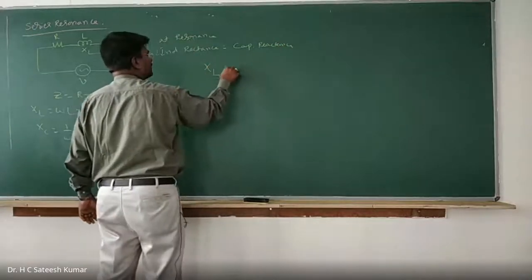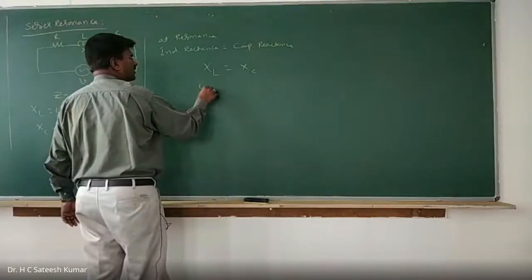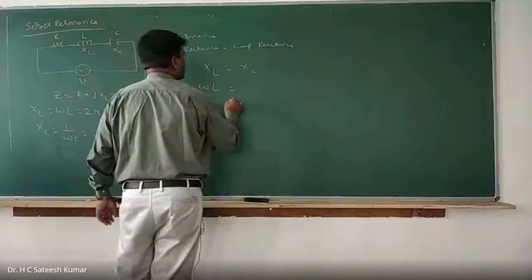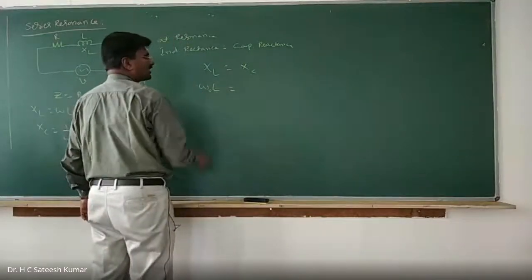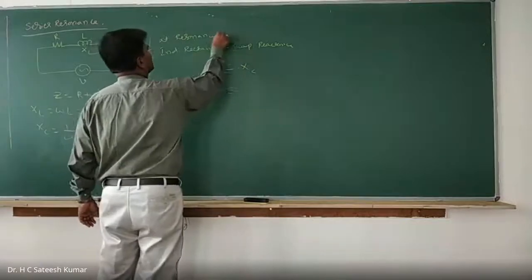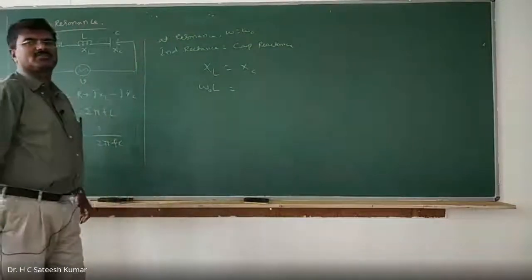XL is equal to XC. XL equal to XC means omega L equals, at resonance, omega naught L. Omega is equal to omega naught, which we call the resonant frequency.